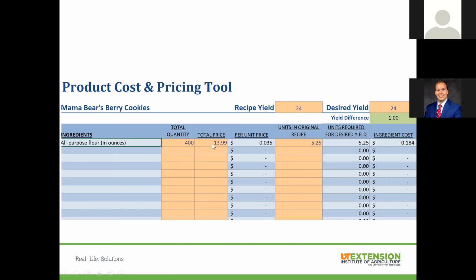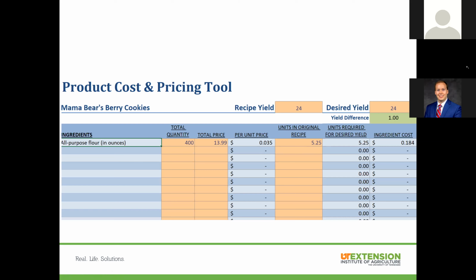So if we're paying $13.99 for the bag of 400 ounces, we plug that price in, and then the spreadsheet calculates the per unit price, or the price per ounce, of 3.5 cents. We've weighed out the number of ounces of flour that we need in the recipe, which is 5.25.